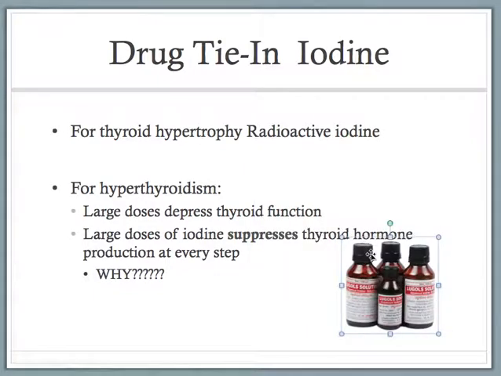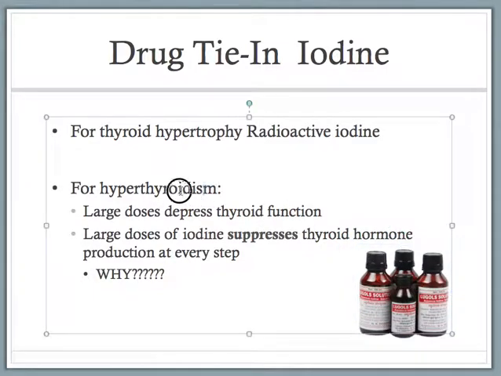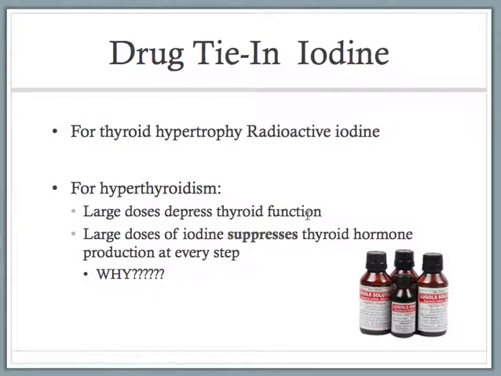And when you give somebody with hyperthyroidism, so they've got an overactive thyroid making way too much thyroid hormone, a really large dose of iodine, for whatever reason, that really large dose stops the thyroid hormone production process at every step, and it lasts about 3 weeks.